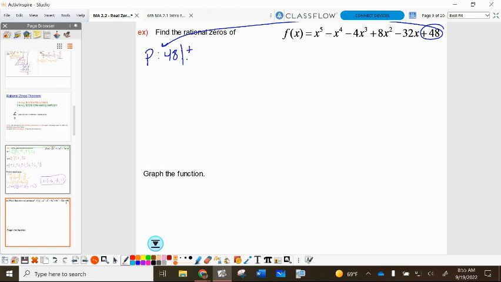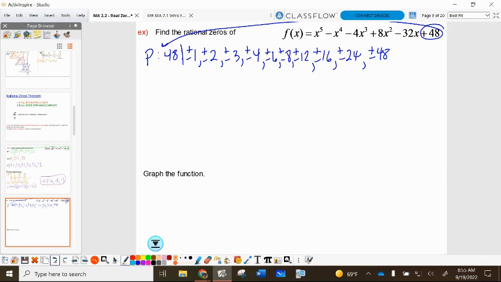So we're going to have plus or minus 1 times plus or minus 48, plus or minus 2, and that would be plus or minus 24, plus or minus 3, and that'd be plus or minus 16, plus or minus 4, and that would be 4 times 12, so plus or minus 12. 5 doesn't divide in, plus or minus 6 times plus or minus 8, and I'm lucky I had just enough room to squeeze it in there.